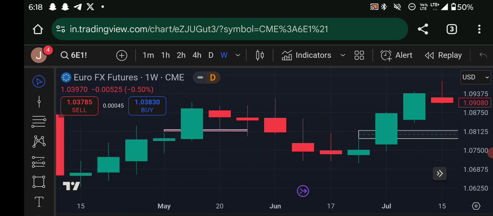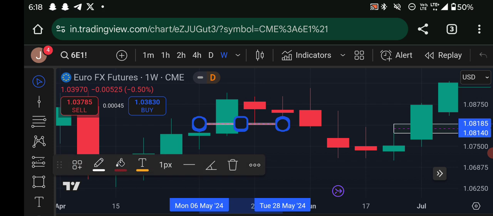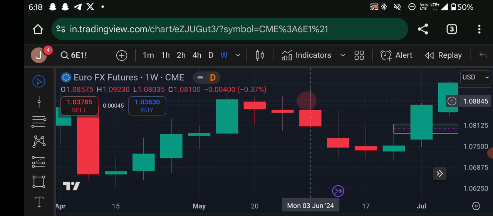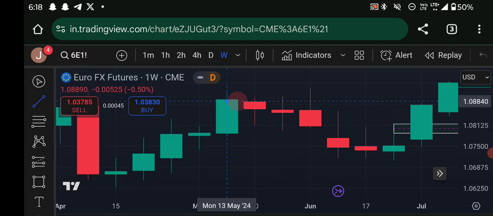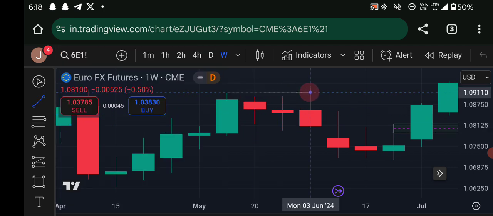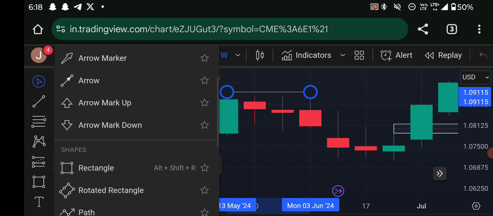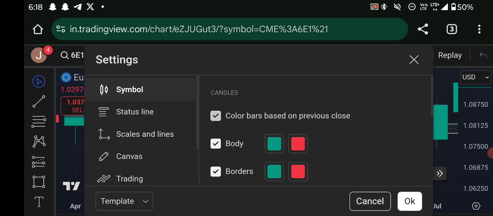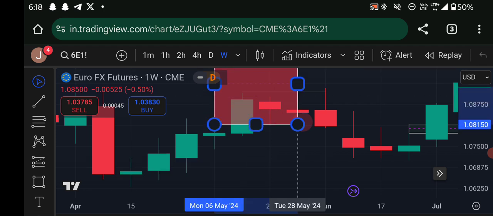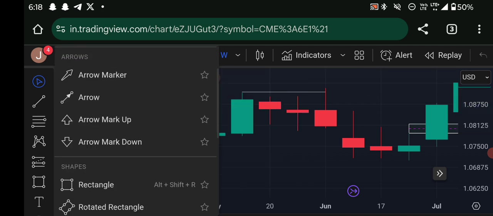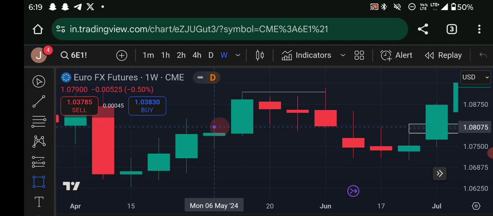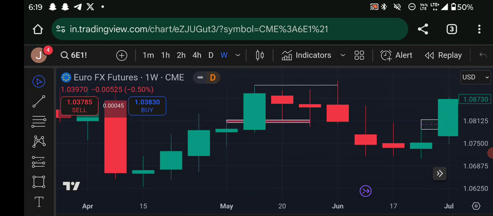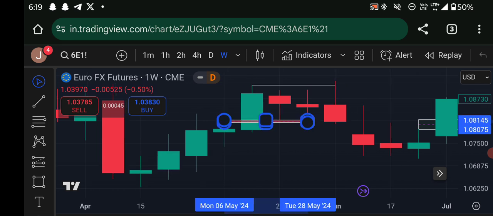We can see that here price once again taps into this and moves above these highs. This is called internal range liquidity to external range liquidity. Price taps into this again, and we can see that price went above this high.